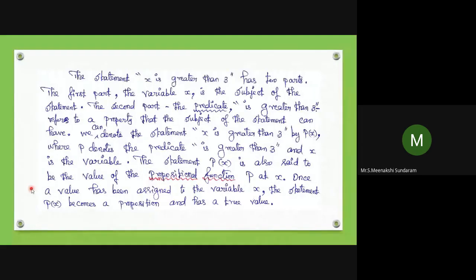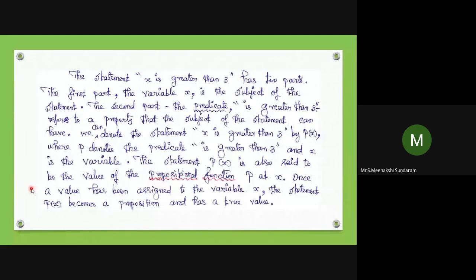We can denote the statement x is greater than 3 by P(x), where P denotes the predicate "is greater than 3" and x is the variable. The statement P(x) is also said to be the value of the propositional function P at x. It's not a proposition, it's a propositional function at x.